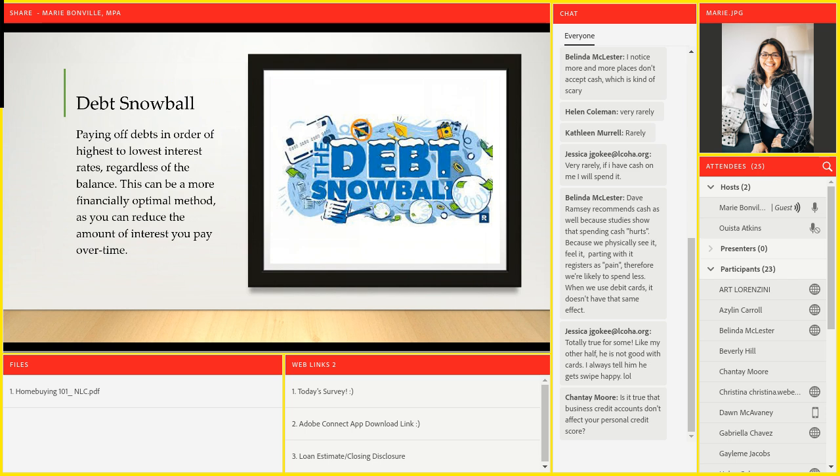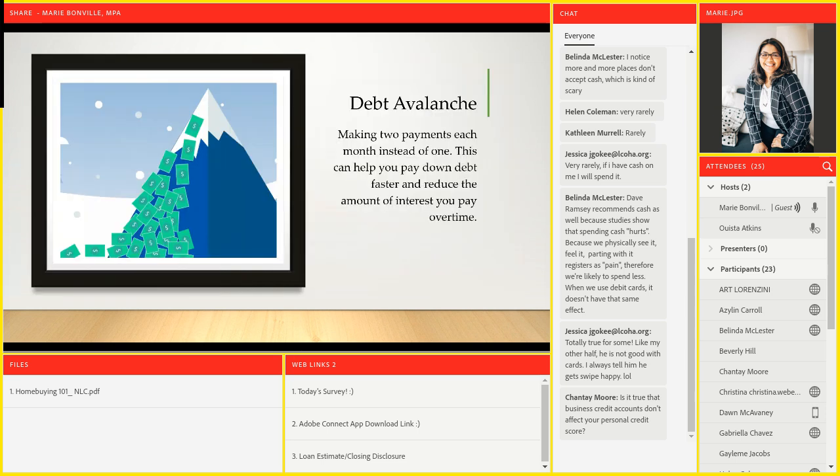And as you have the additional money, you start to see the savings from not having to pay high interest rates and finance charges on that. Then you can go ahead and use that for other debt. So that's the debt snowball method. And then there's also the debt avalanche. And this one is more so, especially when it comes to mortgages, this essentially just says you're making 2 payments each month instead of 1, and it'll make sure that over time it's faster and reduces the amount of interest you owe on the home.